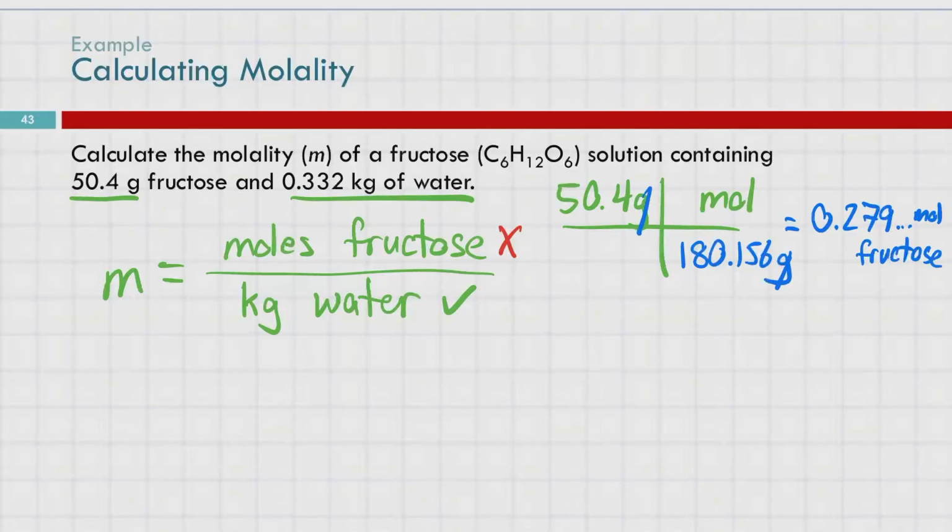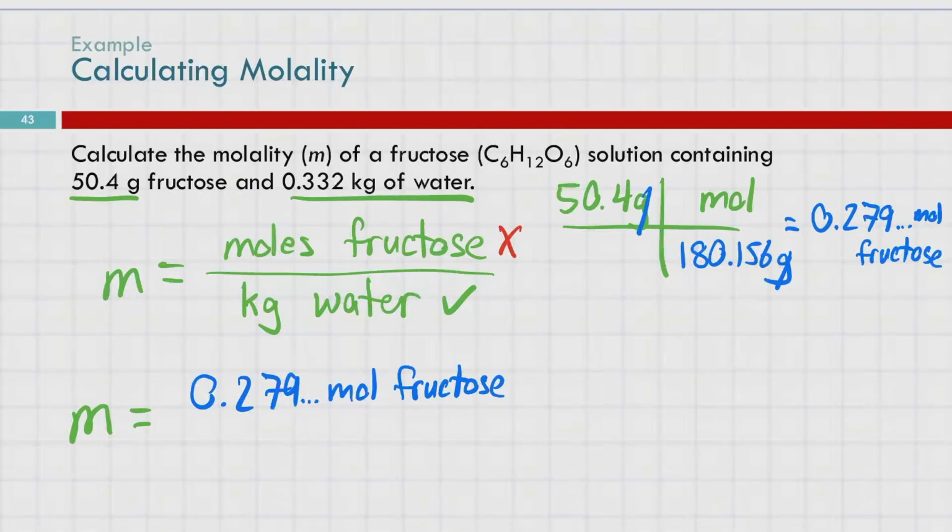Moles fructose. And then we plug it in. So lowercase m, molality, equals 0.279 ... moles fructose over 0.332 kg H2O, water.